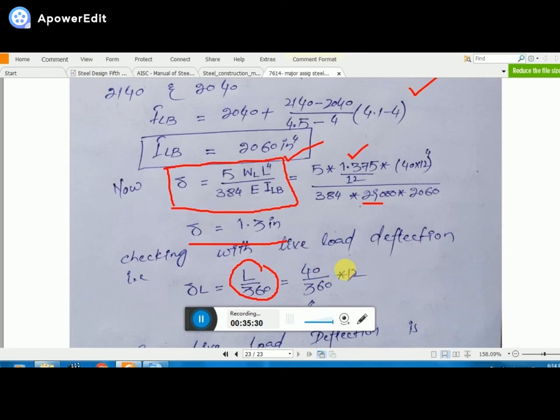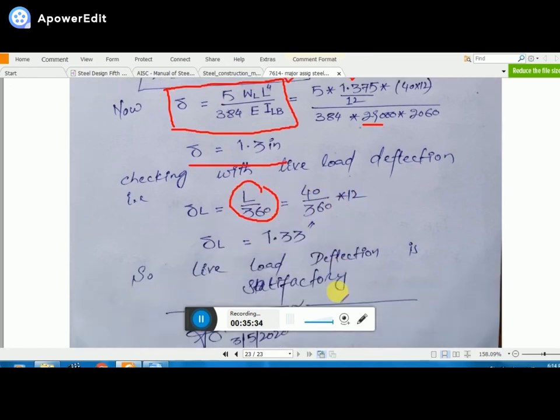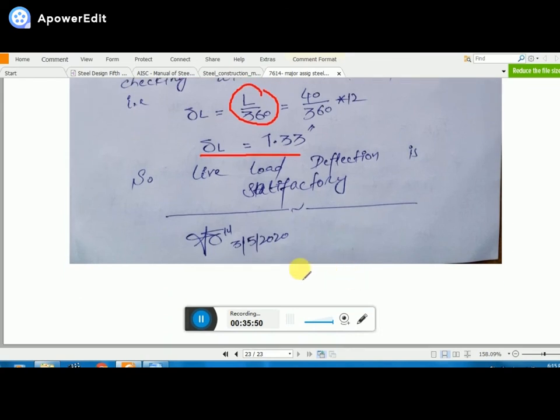So that's why we use 40 as our span and 360. Once we got the live load deflection as 1.3, and that is more than your acting deflection, you can say, so that's why we are on the safe side, and here you see, the live load deflection is satisfactory. And here is my sign, clear, and this winds up.